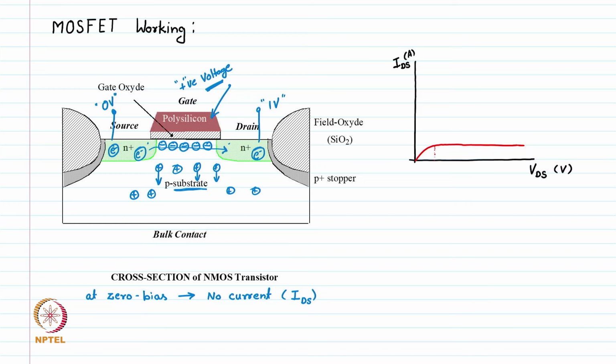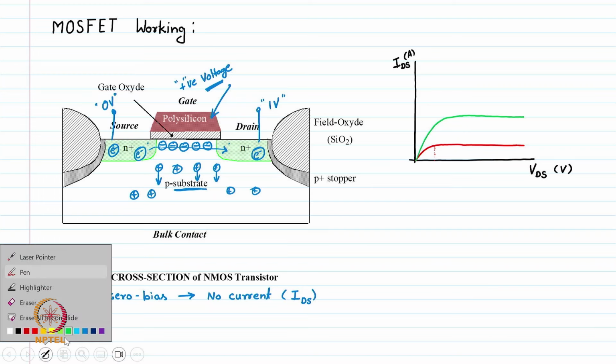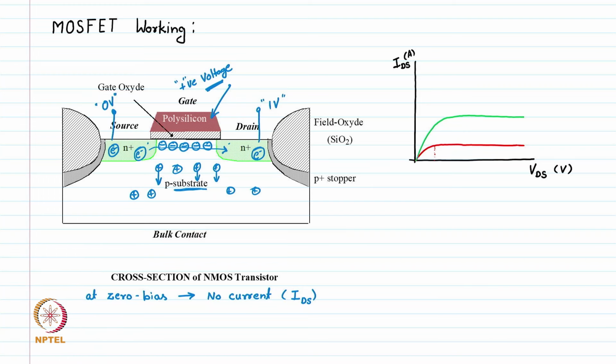Now, if we increase the gate voltage, which is causing these charge carriers below the oxide, then the amount of current is going to increase. So, for example, if we have different gate voltages which can cause more charge carriers in the channel, the current will increase. If we increase the gate voltage furthermore, then the characteristics will be something like this.